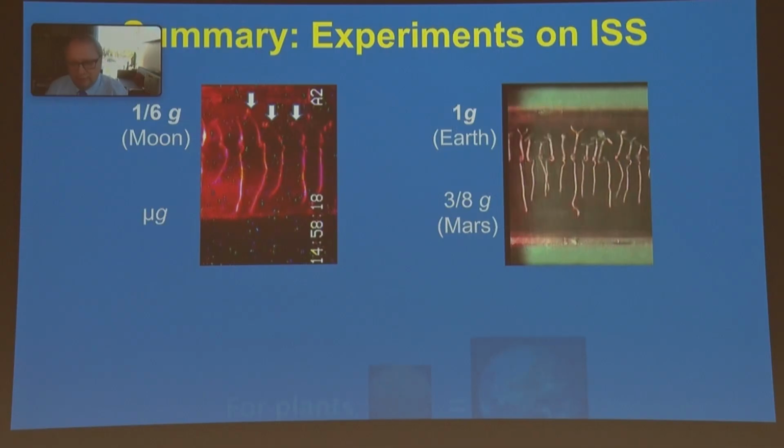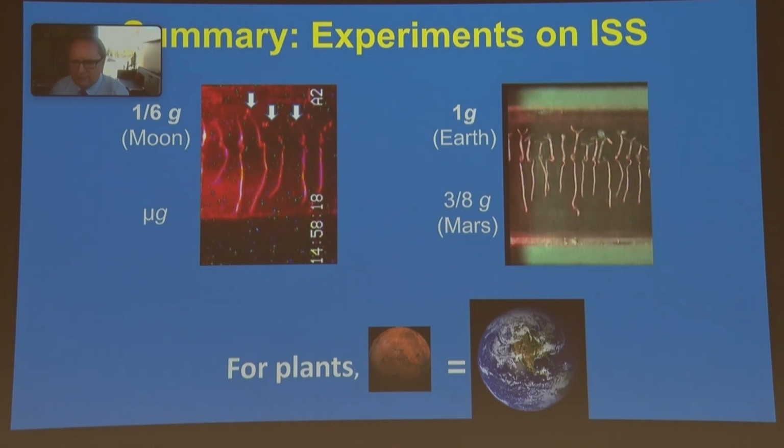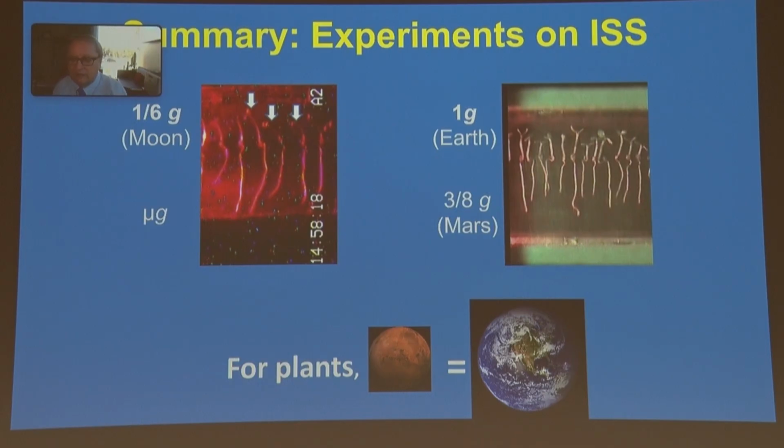Some of this was a little bit surprising, that the Mars level of gravity was essentially enough to make it Earth-like. And what this tells you is, now this is just for gravity, if we want to grow plants on the Moon and have greenhouses, there are going to be some issues in terms of lack of sufficient gravity.